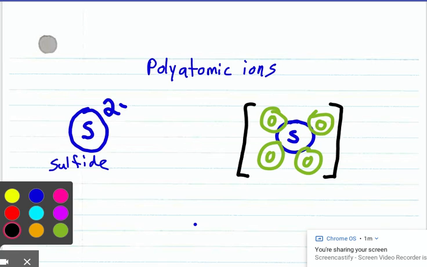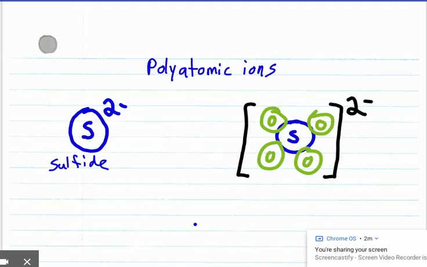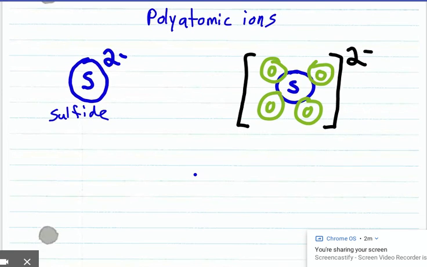So in this case, this whole group of nonmetals has an ionic charge of 2 negative. Because it's no longer just a plain sulfur atom with an ionic charge, it's a group of nonmetals. It's not called a sulfide ion, but it's called a sulfate ion.